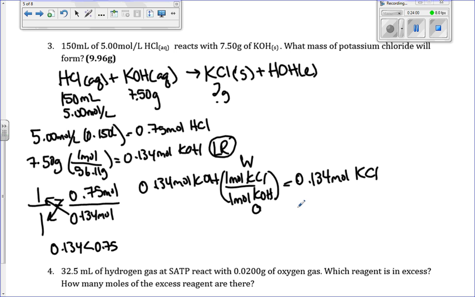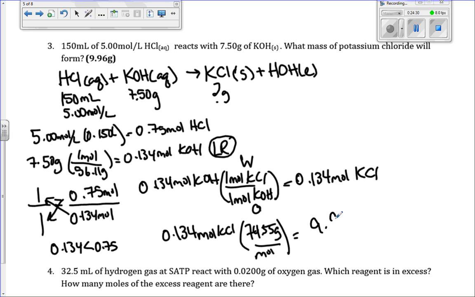Now that we have our moles of KCl, we can figure out our mass of KCl by multiplying by the molar mass of KCl, which happens to be 74.55 grams per mole, to give us a grand total of 9.96 grams of KCl.